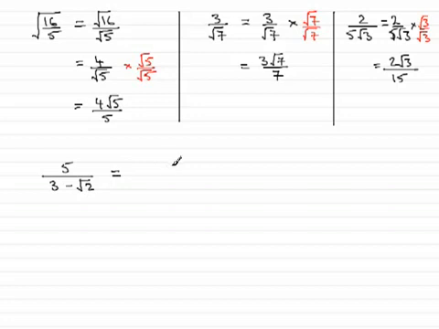Well, if we had this, let's just copy it down again. Obviously it's going to be the same as 5 over 3 minus root 2. That seems a bit pointless. It also seems pointless, obviously, saying times by 1. But again, how do we make up a 1 here that's going to be useful, that's going to get rid of this root 2?